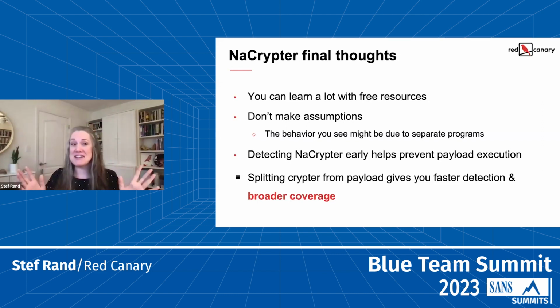As we're going to say a lot today, detecting crypter early really helps prevent payload execution, which is fantastic. Like we said, if you can prevent Red Line and AsyncRAT from even showing up on your system, that's awesome. And the other nice thing is not only do you get that faster detection coverage, but you also get broader coverage.